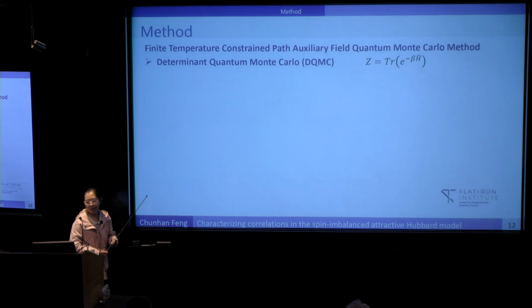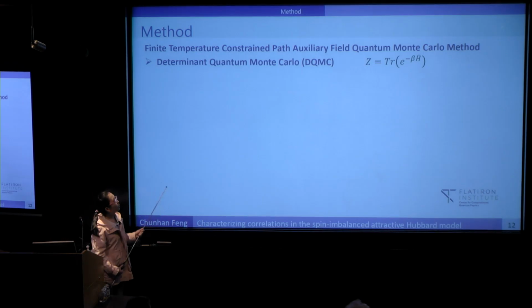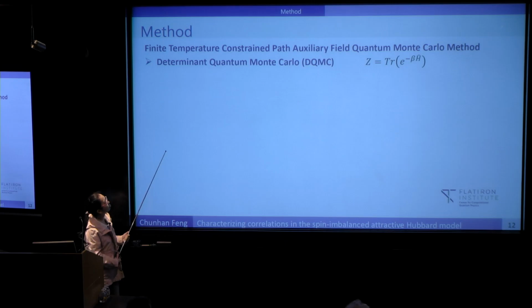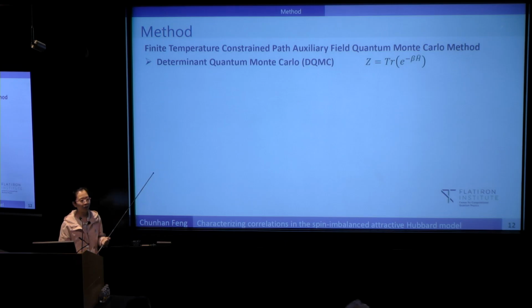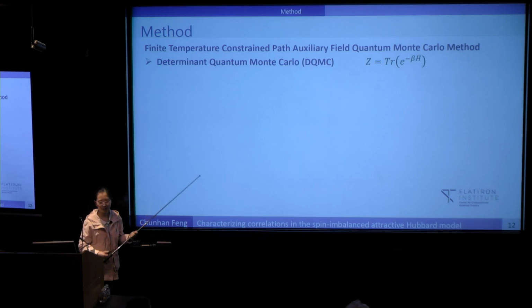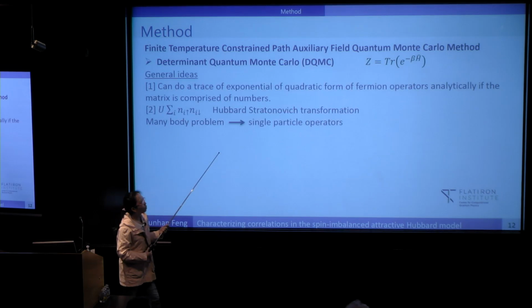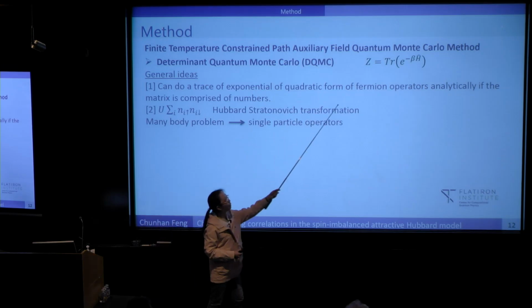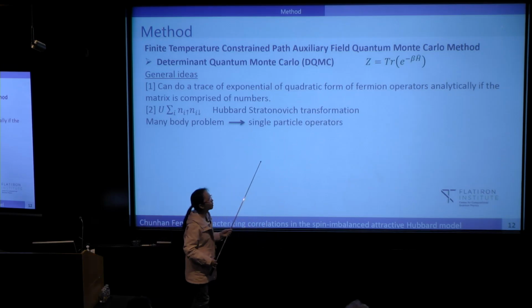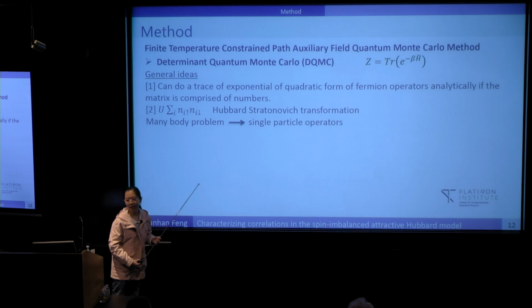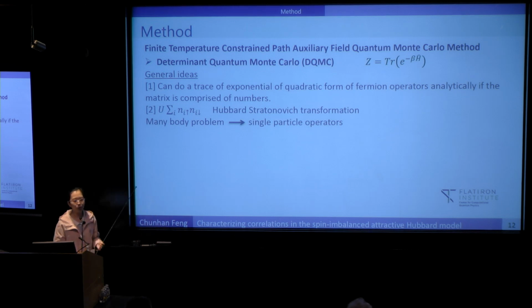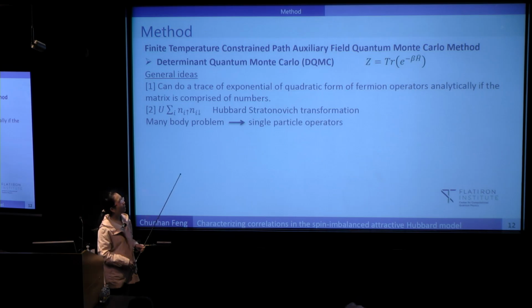Okay, so now let me briefly discuss the method we used here. It's basically a finite temperature version of the constraint path auxiliary field quantum Monte Carlo method. It actually uses lots of ideas from the determinant quantum Monte Carlo method. Our goal is to calculate the partition function, which can be expressed as a trace of e to the negative beta H. The general idea is that we can do the trace of an exponential of a quadratic form of fermion operators analytically if the matrix is comprised of numbers.